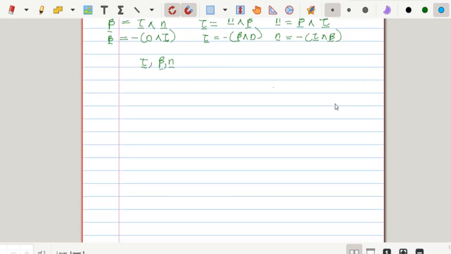The unit tangent vector, which is this tau of t, is given by x prime of t divided by the modulus of x prime of t.